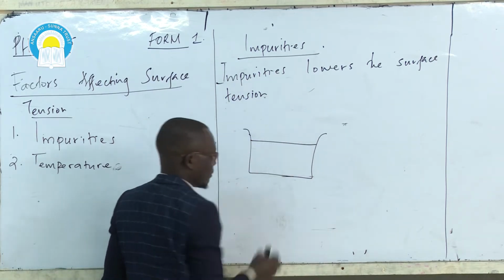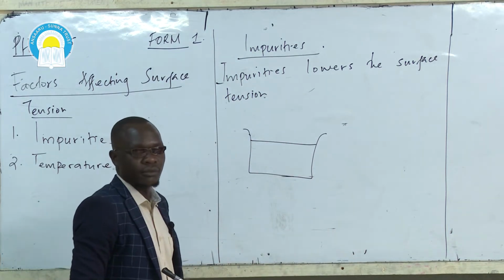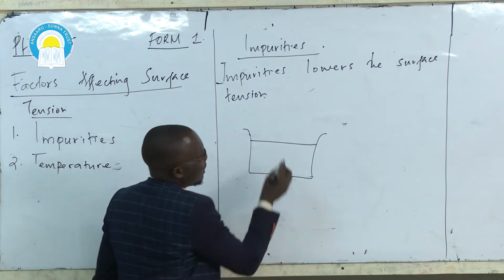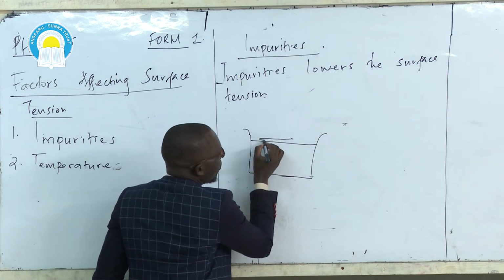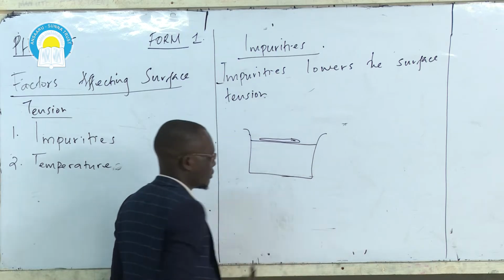If you have a basin containing water, we have learned that a needle is able to float on the surface of this water, due to surface tension.